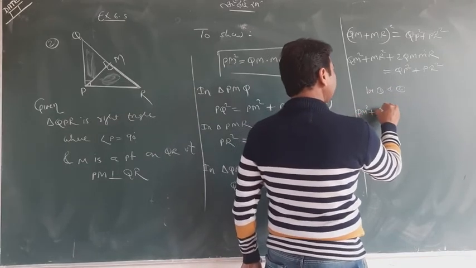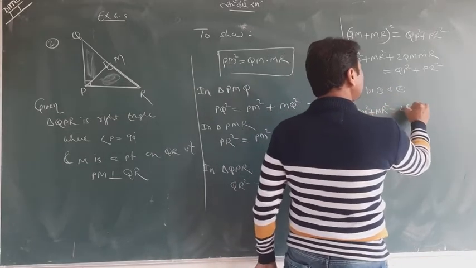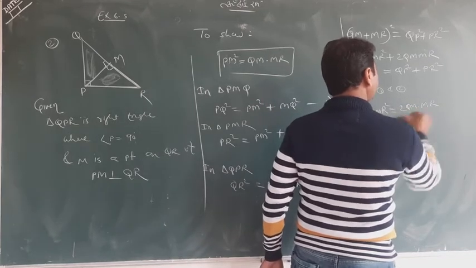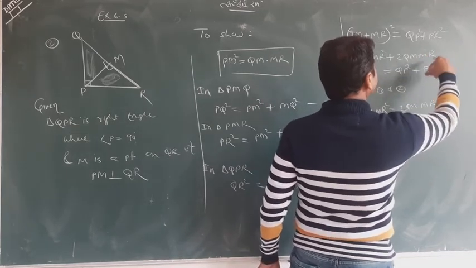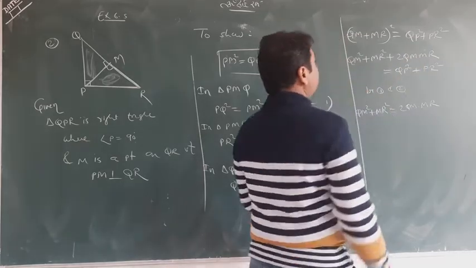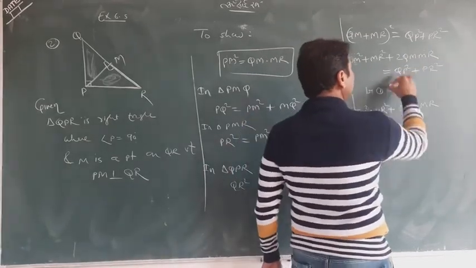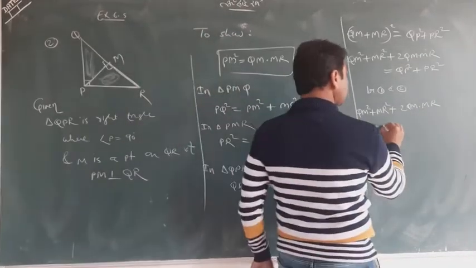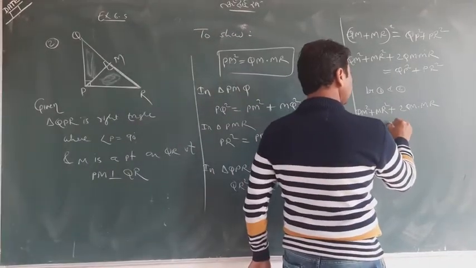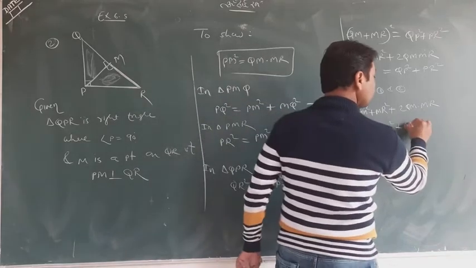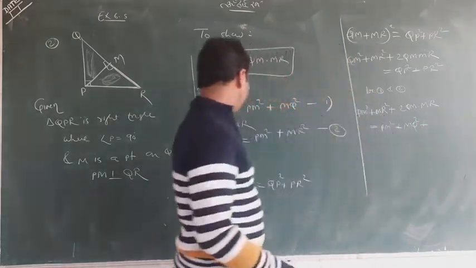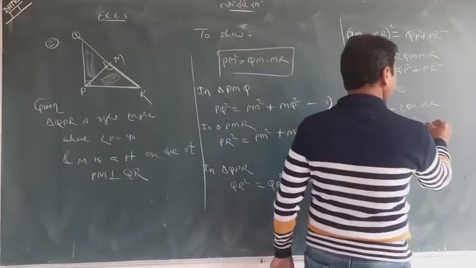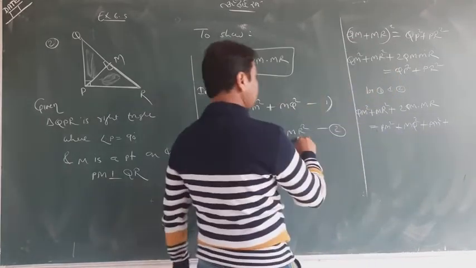QM square plus MR square plus 2QM MR, this is a plus sign, equal to QP square, equal to PM square plus MQ square, plus PR square equal to PM square plus MR square.